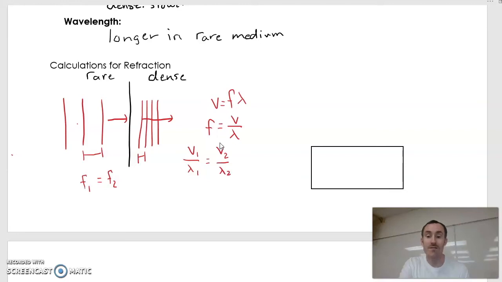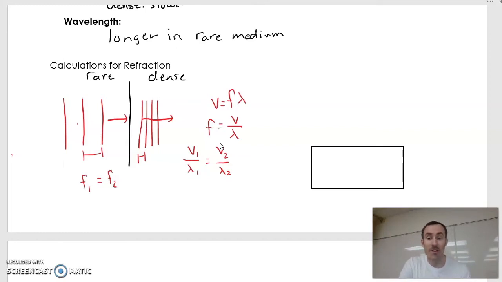We just made this formula for frequency, speed divided by wavelength. So this is frequency 1, and the same thing would be frequency 2, just with a different speed and wavelength.